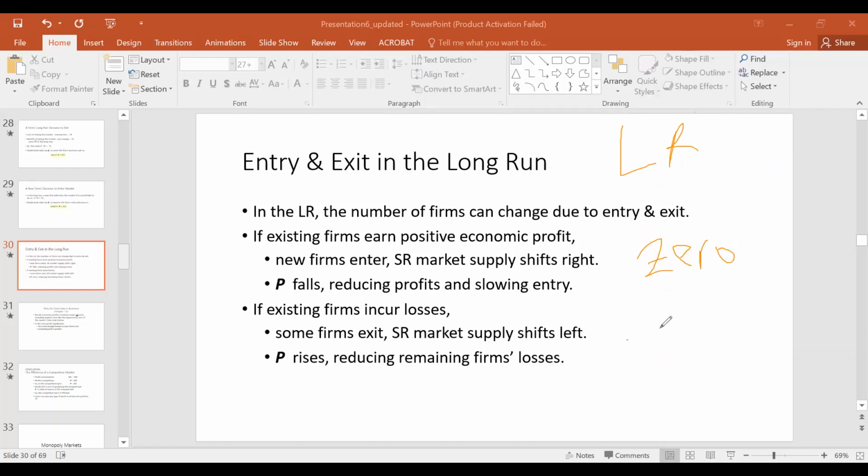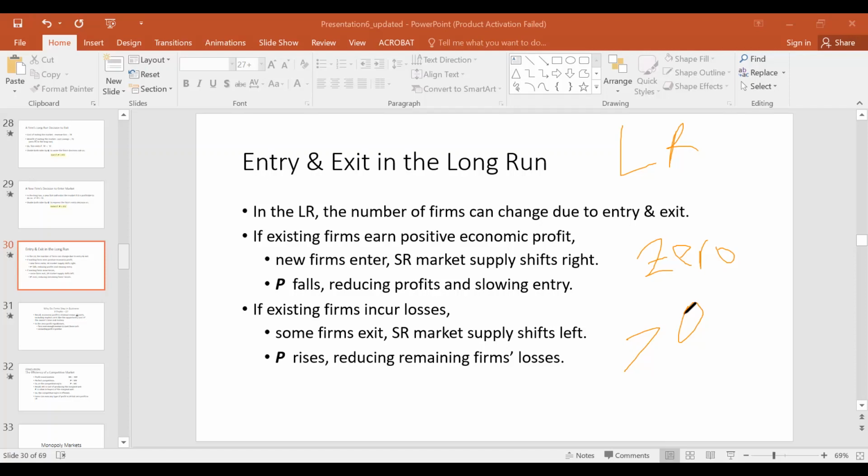If firms are making positive profit in the short run, it will attract potential firms and they will come into the market and increase the market supply. Of course, when there are many firms, market supply goes up. When there's a bunch of supply, it brings price down, reducing the profit until the profit is competed away to zero.